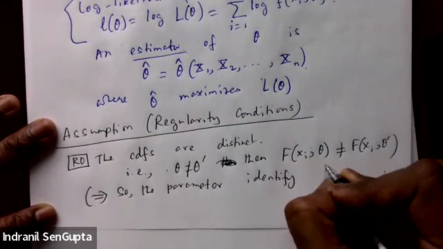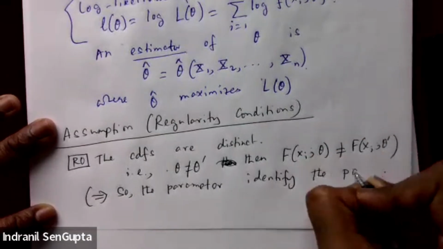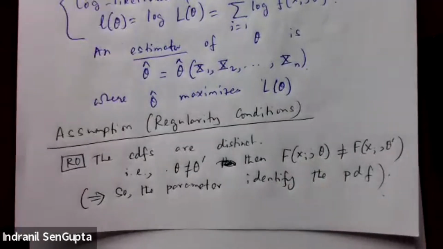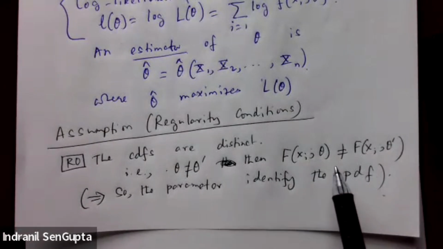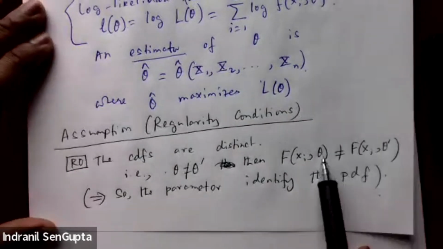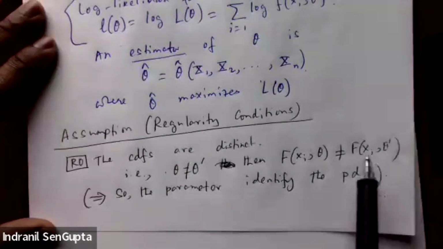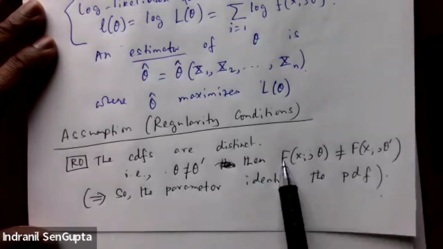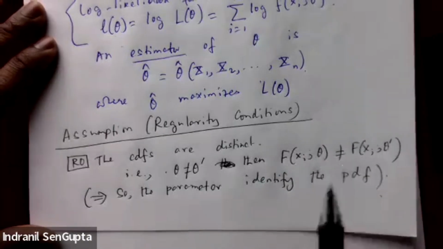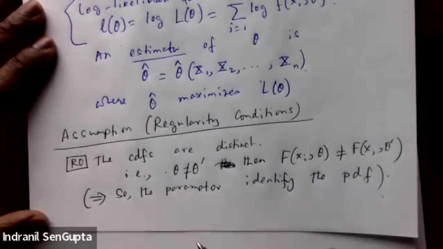So as soon as we can find theta, we know the distribution. And if we have two different values of theta, then the distributions will be different. That's my first assumption.